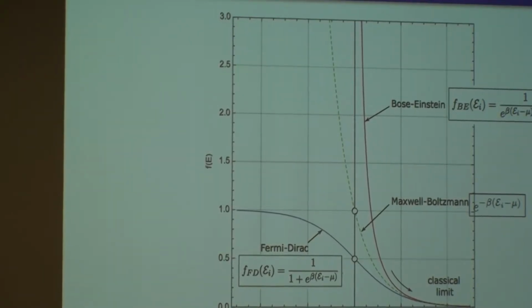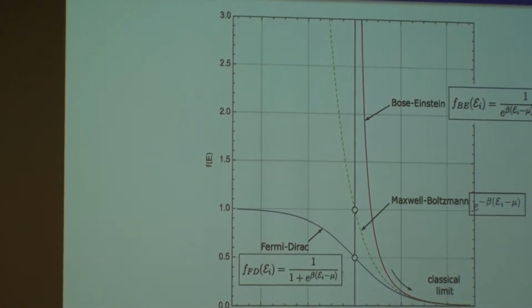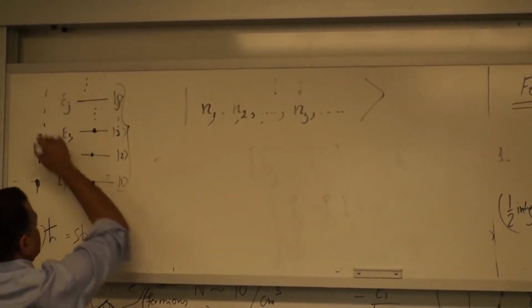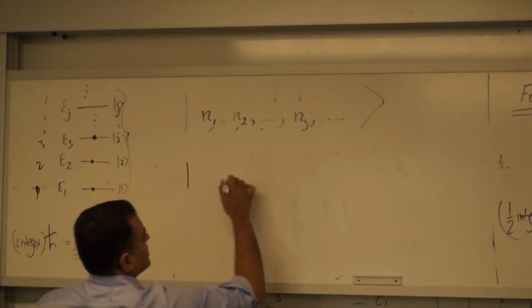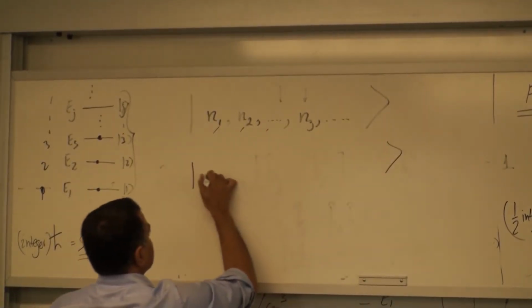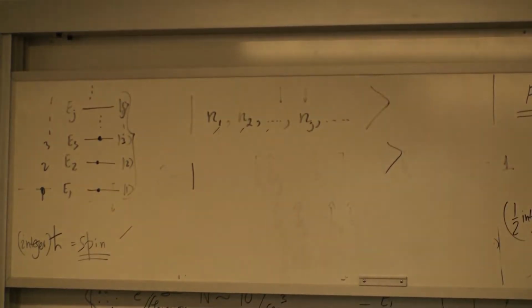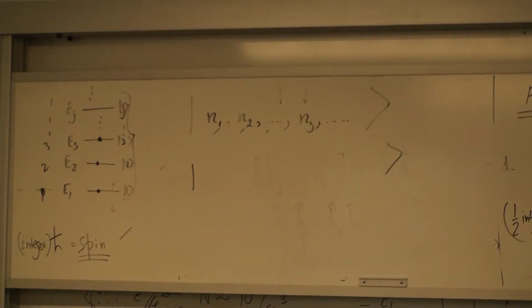Particle number picture, you can see that, let's say I have labeled my particle numbers from 0, 1, 2, 3, and so on. For fermions, at very, very low temperatures, close to 0 Kelvin, you can see at 0 Kelvin this is a unit step function, right?